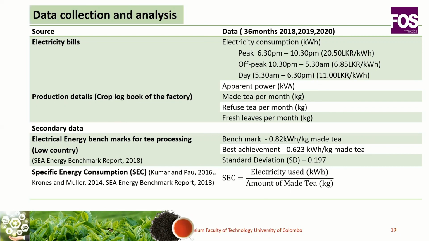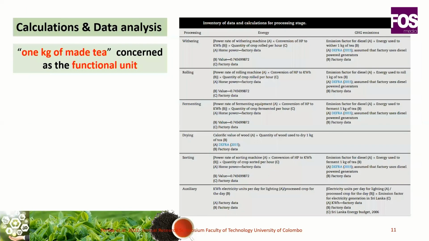For the secondary data, specific energy consumption benchmarks were considered, which were gathered from the Sustainable Energy Authority. Specific energy consumption was calculated according to the previous studies and SEA benchmarks.